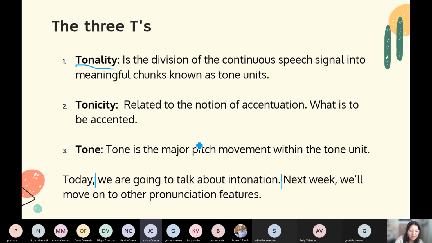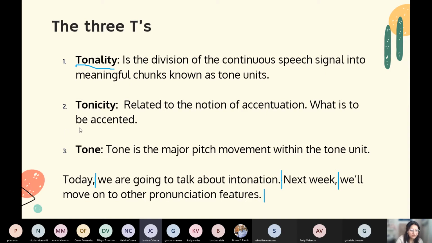Here I am marking the tonality. Now we don't have this long sentence, we have little chunks. We have today, then we are going to talk about intonation, then we have next week, and then we'll move on to other pronunciation features. I just mark here the tonality.